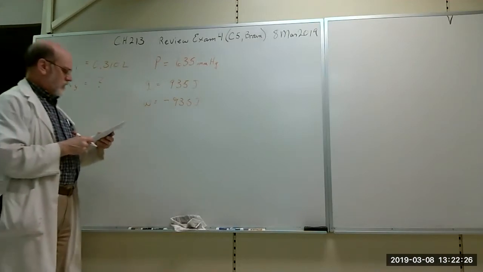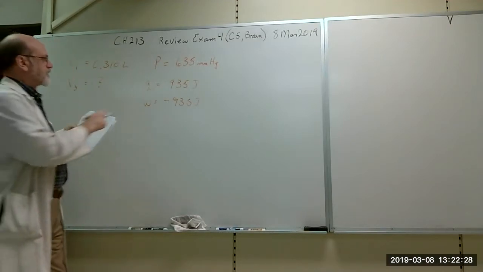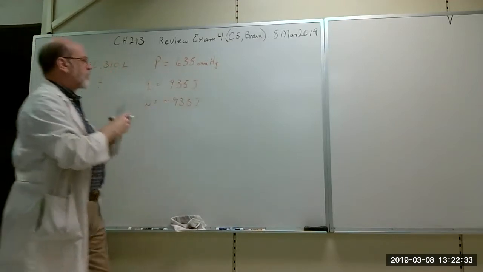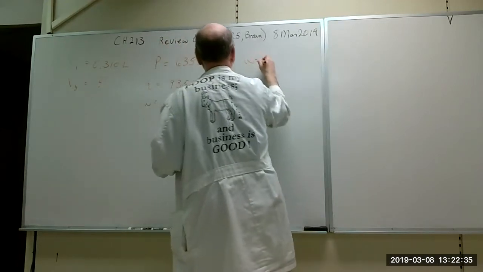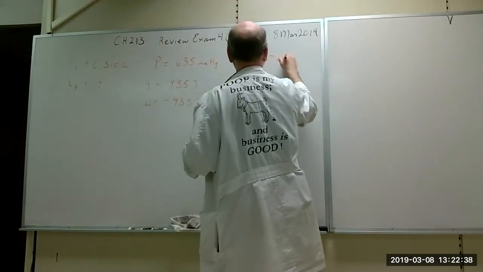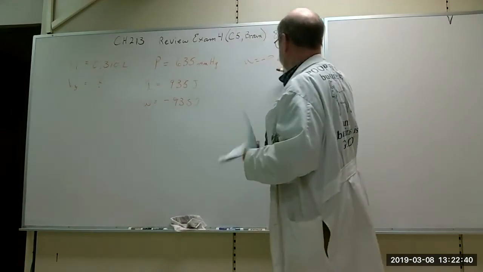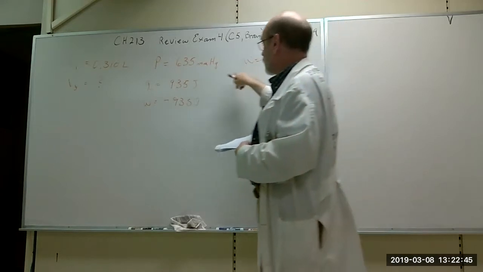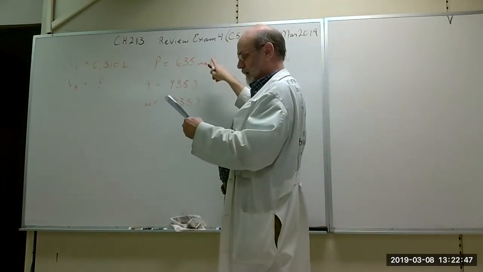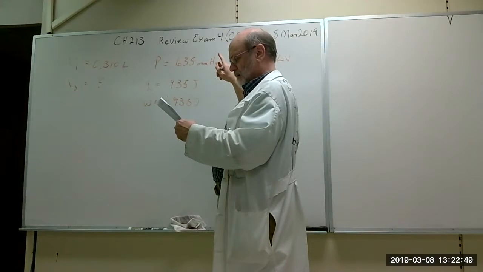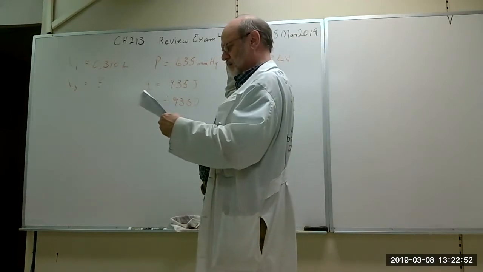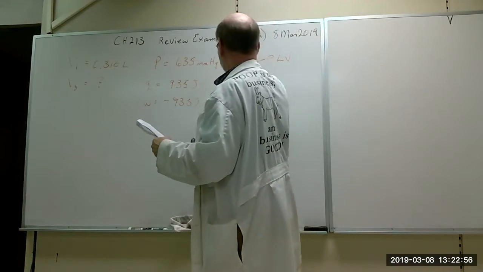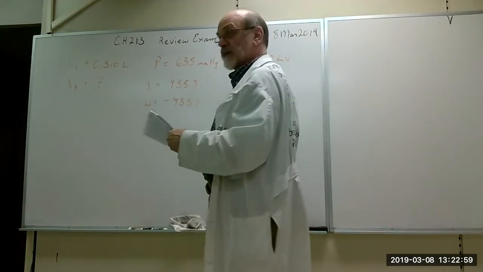Now, since this is in terms of pressure and we want volume, what we want is negative P delta V. We want this in liters and that in atmospheres. So we need to convert joules into liter atmospheres, so it can be equated with this.